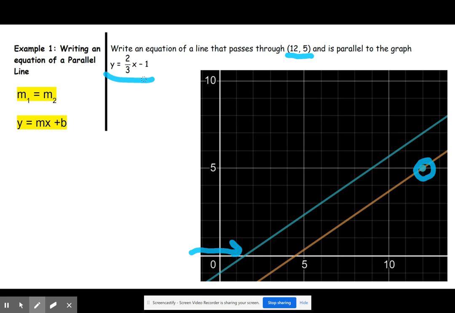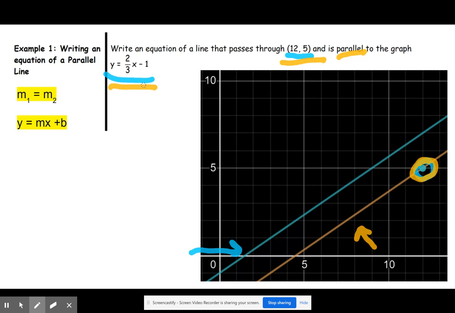We're supposed to use that information to generate this orange line right here. What's special about that orange line is it has two conditions. The first is it goes through the point (12, 5). And the second condition is it is parallel to this first graph, the blue one.